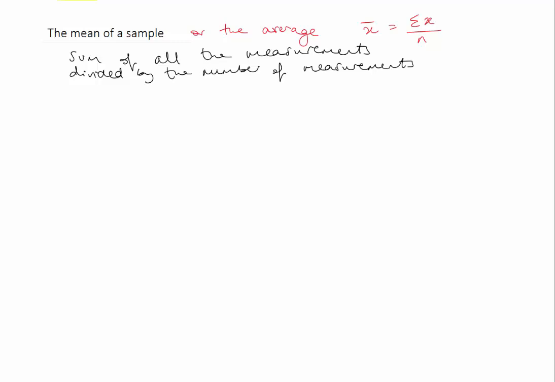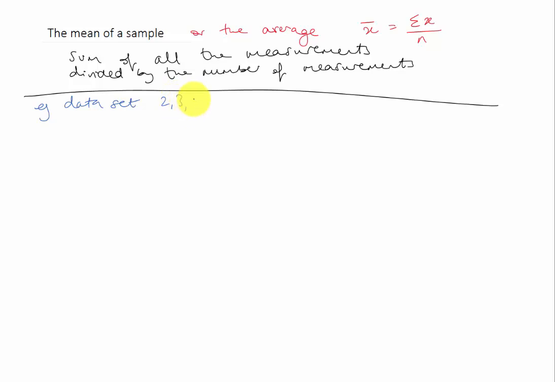Okay, so let's do a couple of examples. Let's say we've got a data set: 2, 3, 4, 5, 6, 7, 8. So there, n is equal to 7.